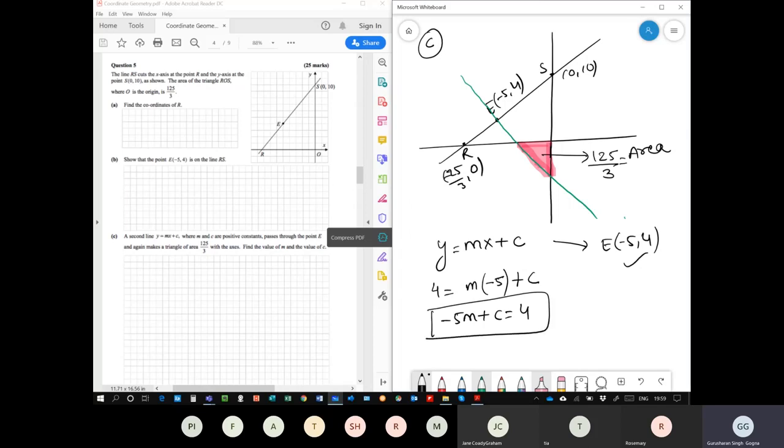So in mathematics, if you have two unknowns like m and c, you need two equations.